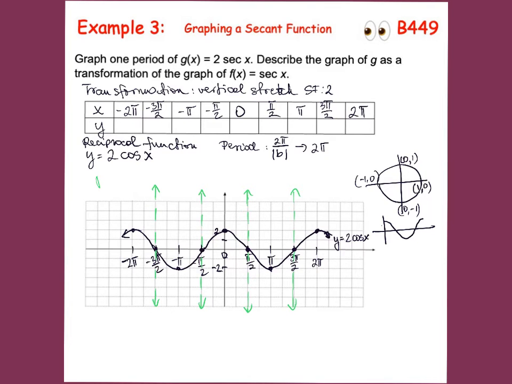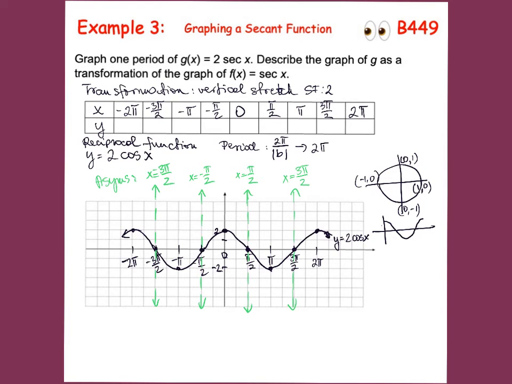And let's say these are our asymptotes. So it's x equals negative 3 pi over 2, x equals negative pi over 2, x equals pi over 2, and x equals 3 pi over 2.